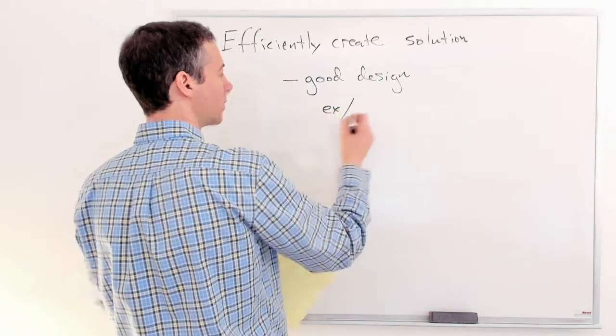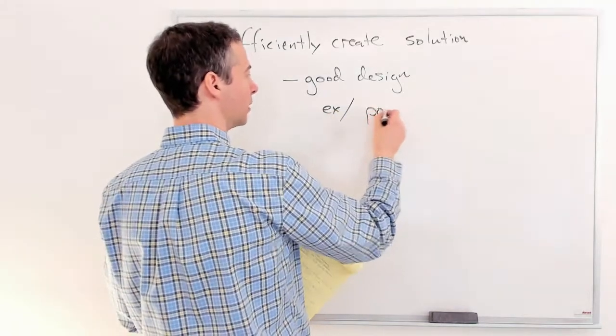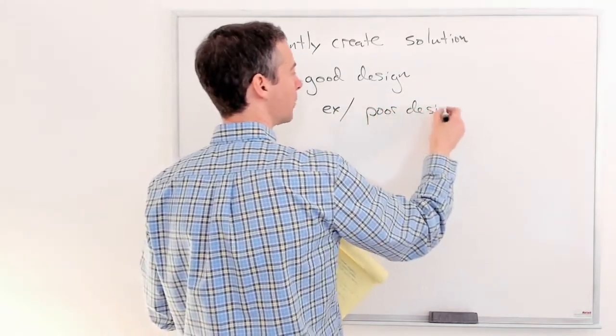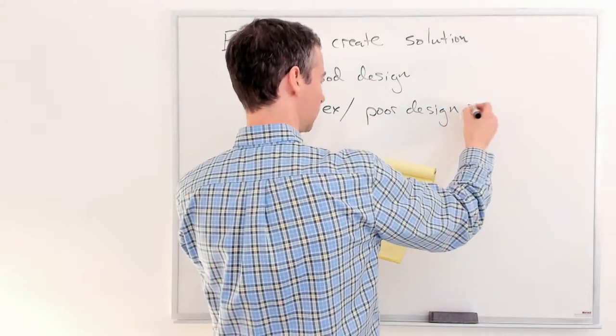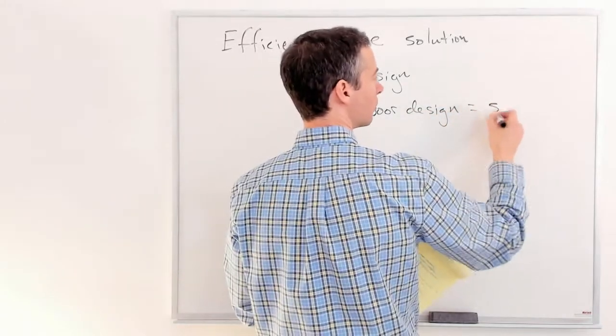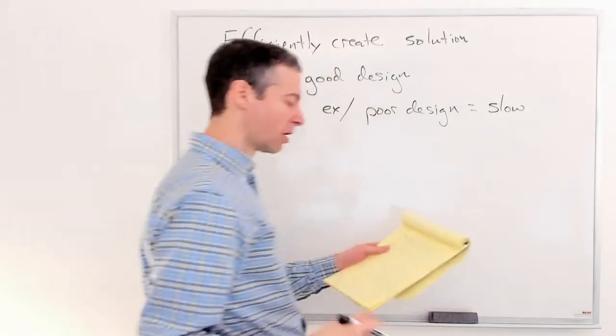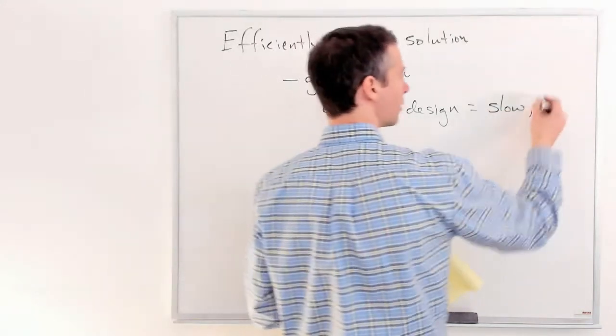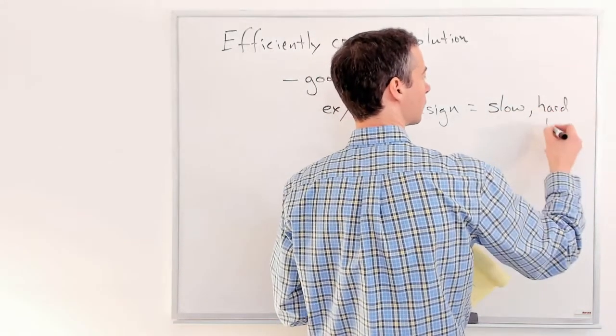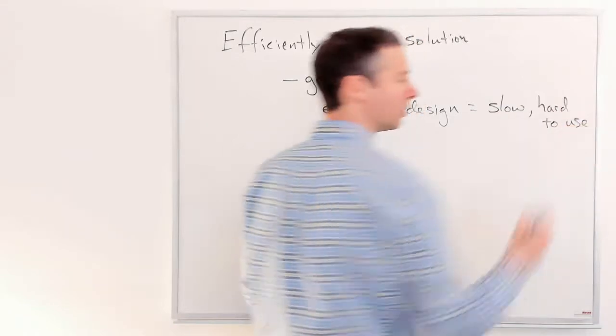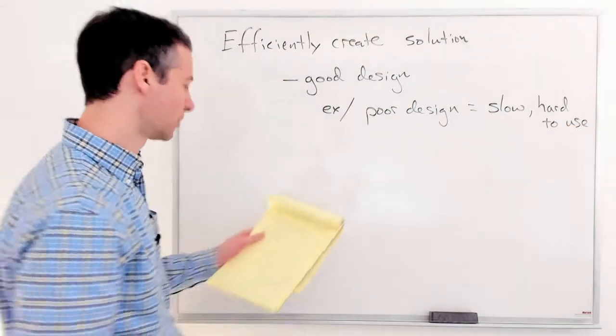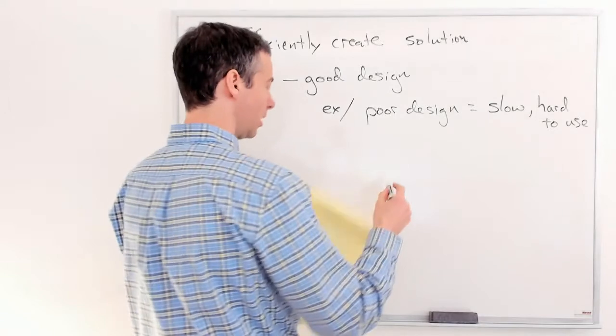An example of poor design might very well be the program's slow, or it's hard to use. Well, these are things that we've dealt with and talked about.